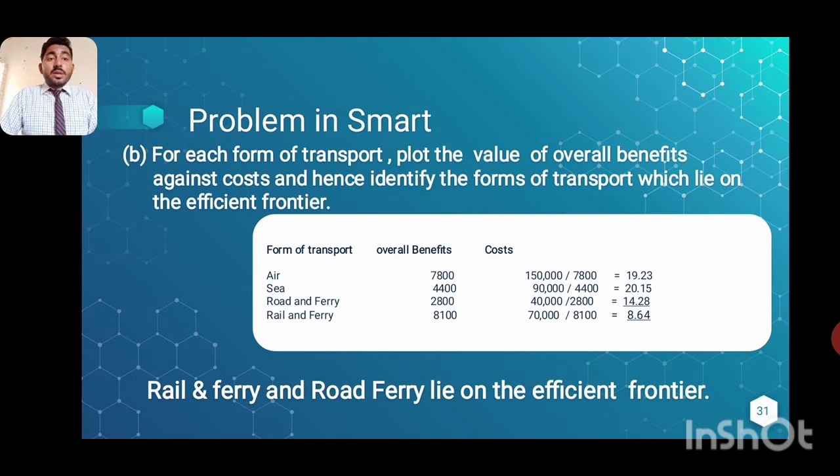We got 19.23 for air, 20.45 for sea, 14.28 for road and ferry, 8.64 for rail and ferry. That's why rail and ferry and road and ferry lie on the efficient frontier.